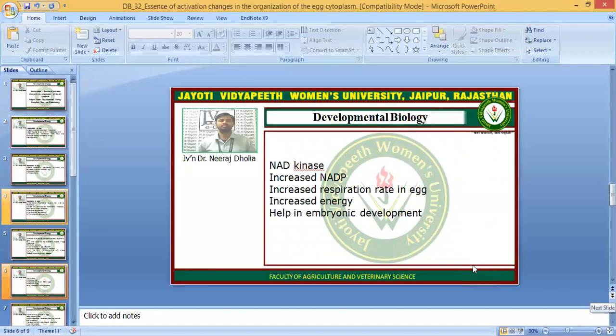One enzyme, the NAD kinase, will be activated. It increases the NADP in the egg cytoplasm, and this NADP increases the respiration rate in the egg, and the overall energy developed is helpful in embryonic development.